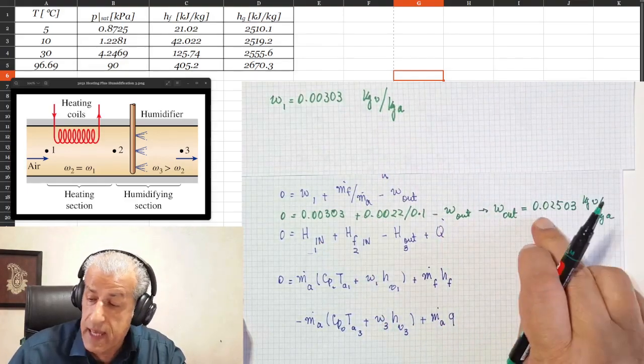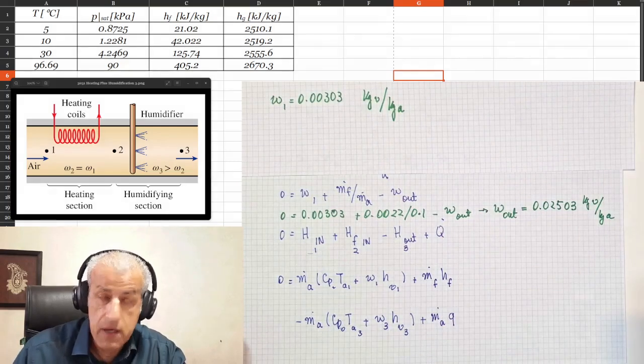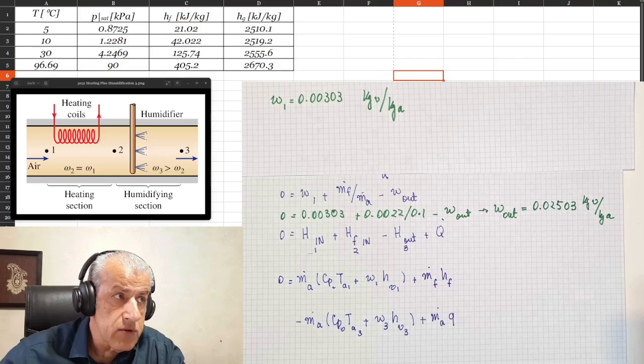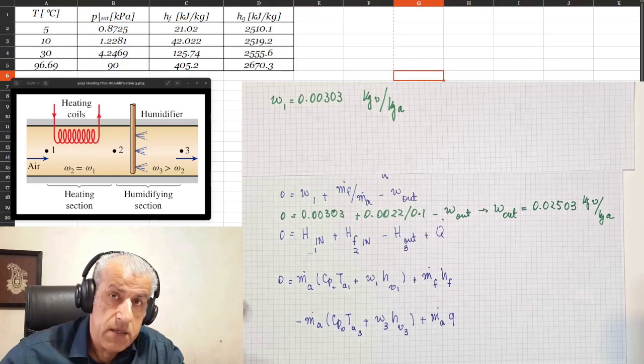This is the outgoing specific humidity, and it's a good idea to use this to calculate the relative humidity at point 3.